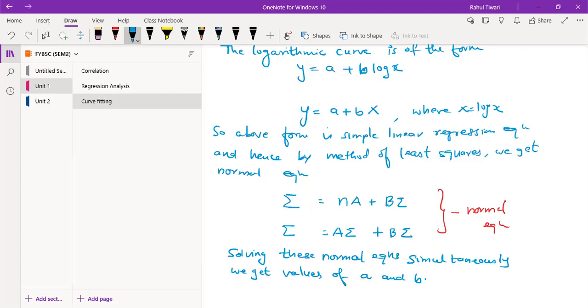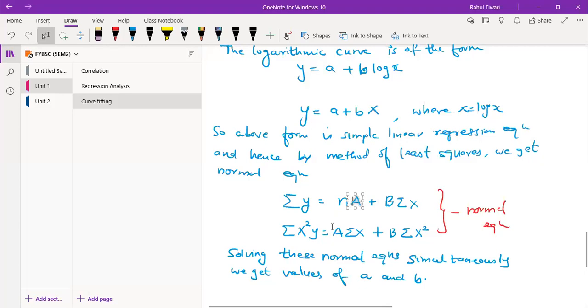This could be the y, this could be the x, capital X into x square into y. And again, solving this normal equation, solving these two equations simultaneously, you'll get the values of a and b here. Okay, but you need to change this capital A also, na?